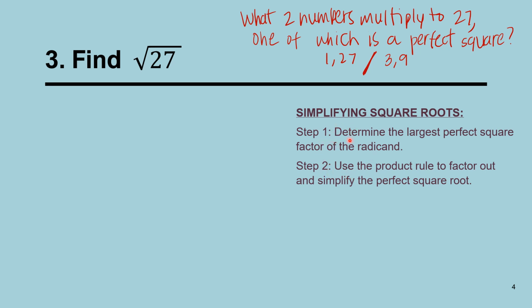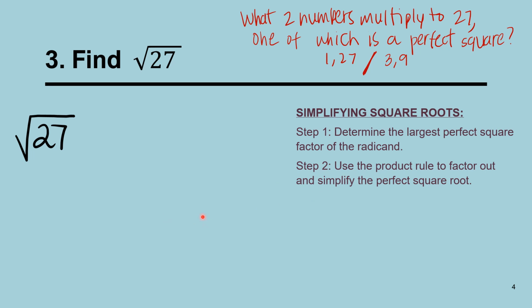After you've done that, your second step is to use what we call the product rule to factor out and simplify that perfect square root. Let's look at an example. Let's say we have the square root of 27.